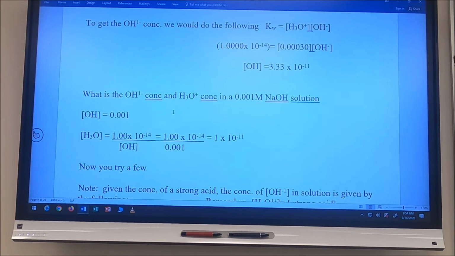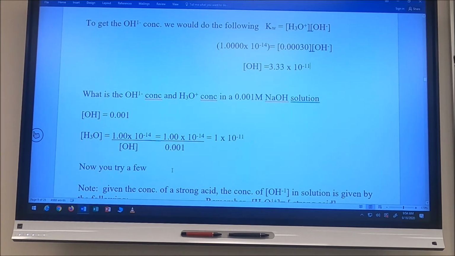Hydronium ion concentration then is going to equal Kw divided by hydroxide ion concentration. So 1 times 10 to the minus 14 divided by 0.001, I get 1 times 10 to the minus 11.